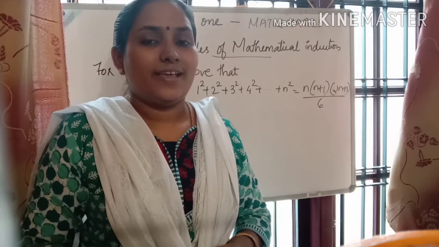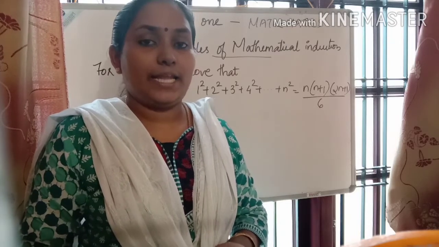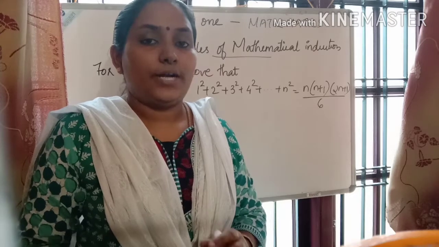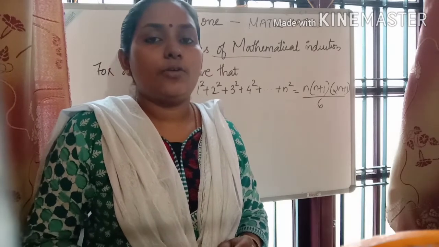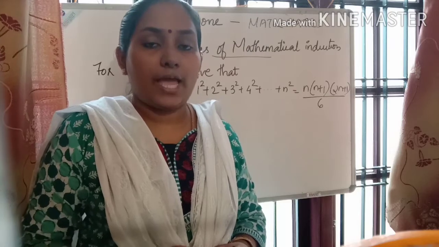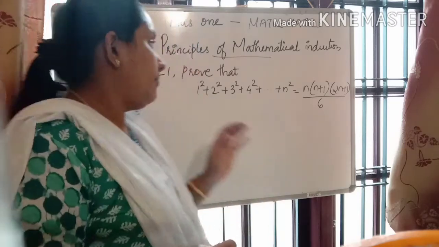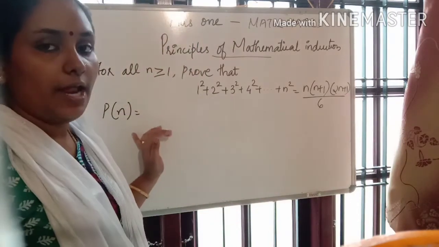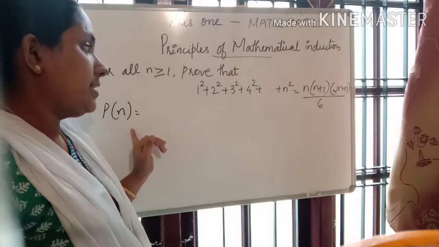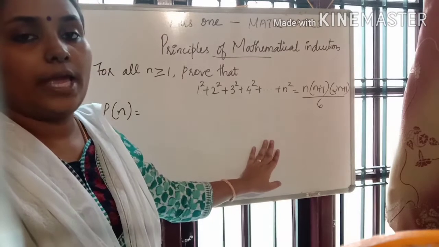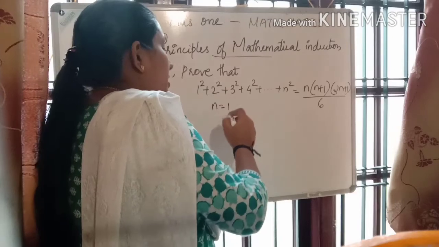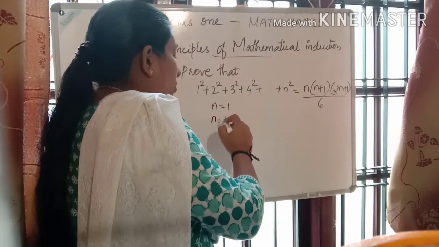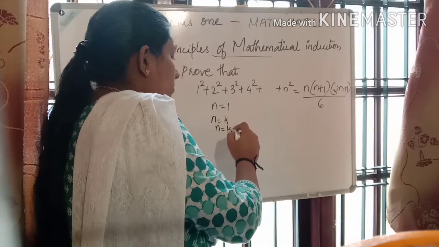The principle of mathematical induction can be written as P of n. If the given values are in terms of n, we write it as P of n. Here n is the value. n will be written as n equal to 1, n equal to k, n equal to k plus 1.